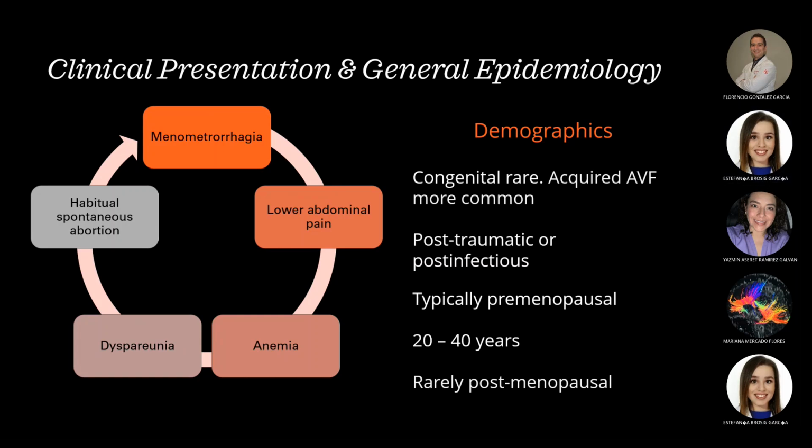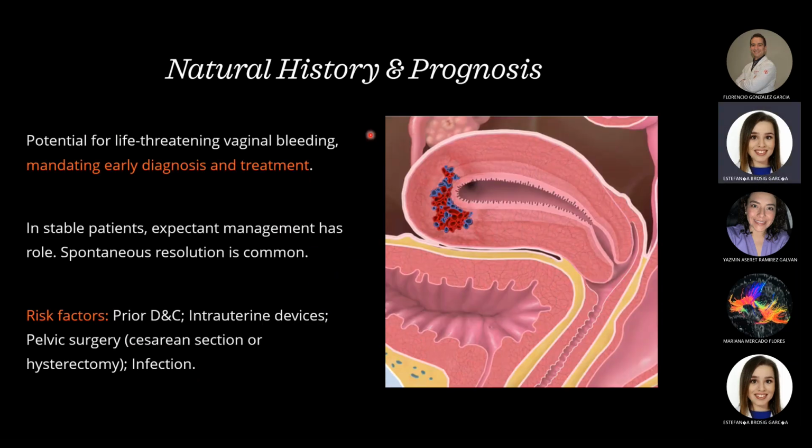Okay. Natural history and prognosis. Well, there is potential for life-threatening vaginal bleeding, mandating early diagnosis and treatment. In stable patients, expectant management has a role, and spontaneous resolution is sometimes seen. This patient was not like this case. This patient was presented previously by Natalia and was treated by interventional radiology.